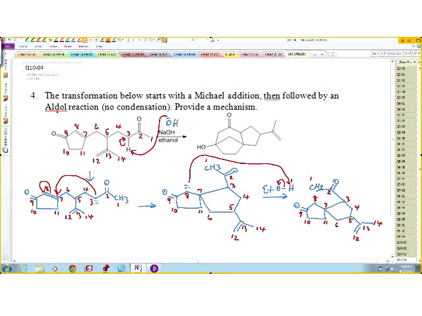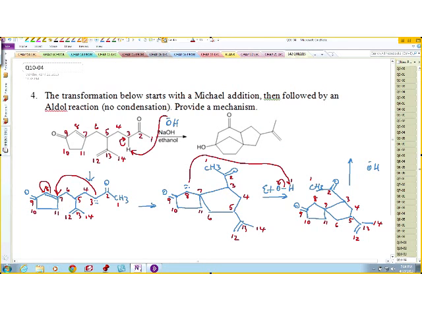Okay, to form your Aldol, what are you going to do? You need to form a nucleophile. Where are you going to form the nucleophile from? Carbon number 1, exactly. So at this point, you are going to deprotonate carbon number 1. So that goes here. We are going to use the hydroxide again to do that.